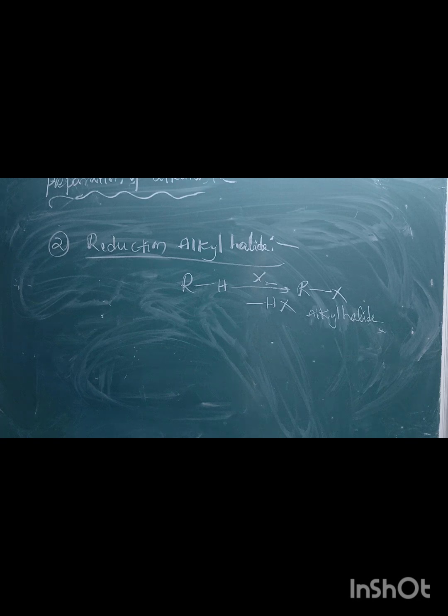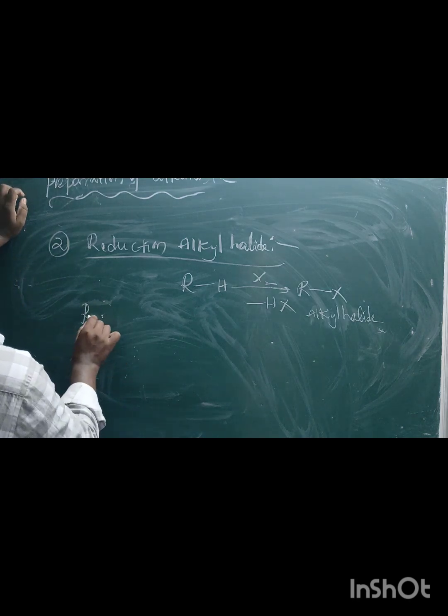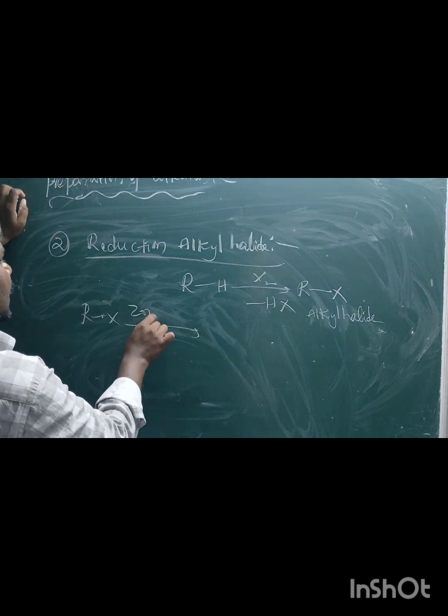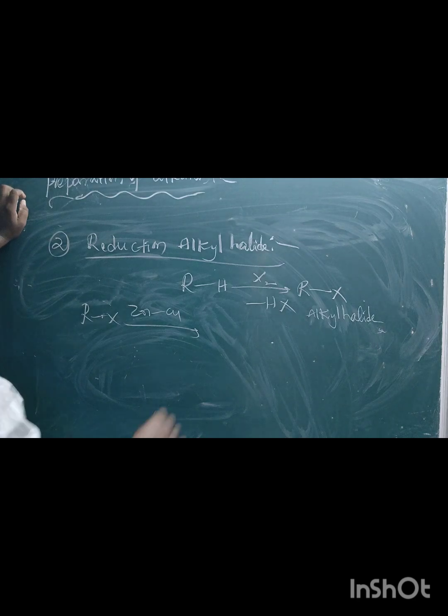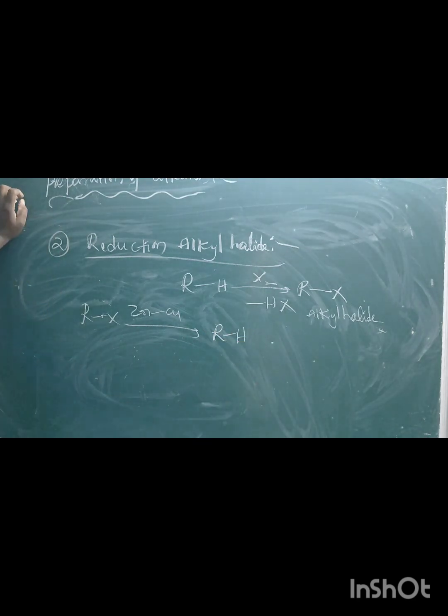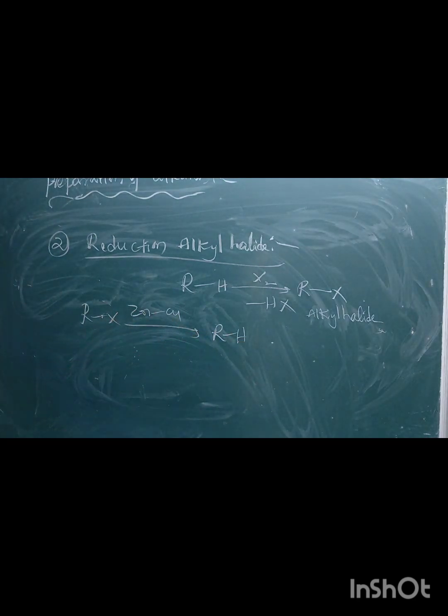Now I am taking alkyl halides reacting with zinc-copper couple to form an alkane. Alkyl halide can be converted into alkane by using zinc-copper couple and ethyl alcohol.